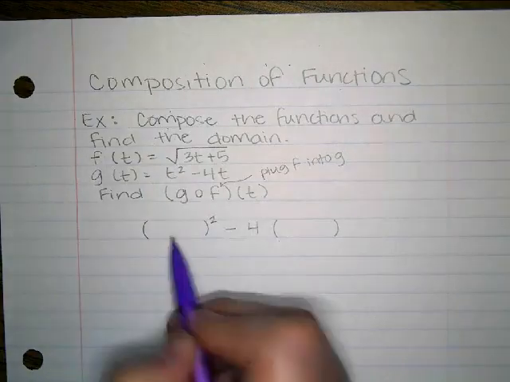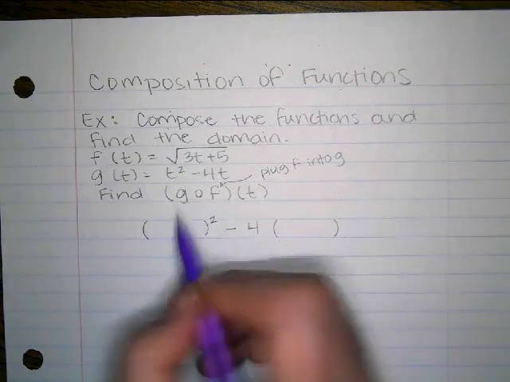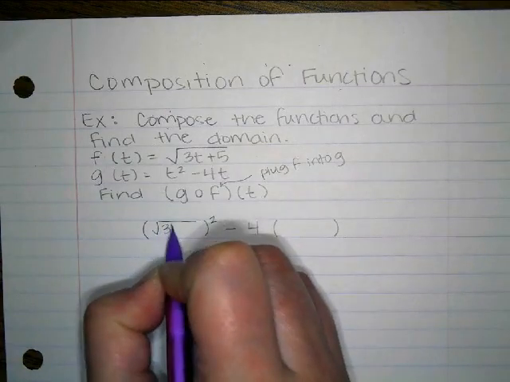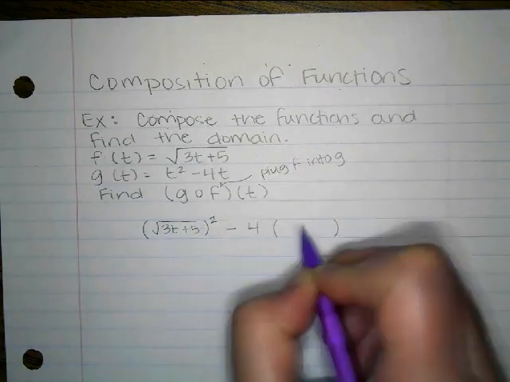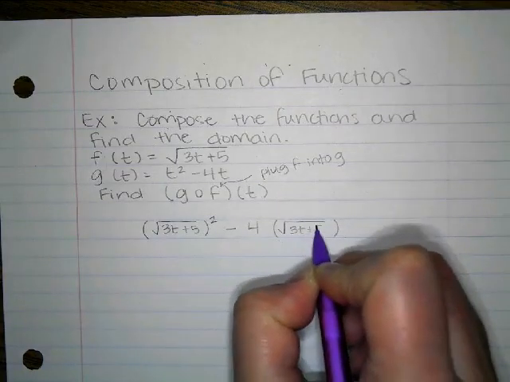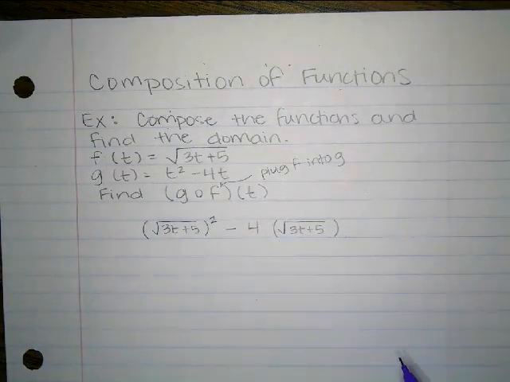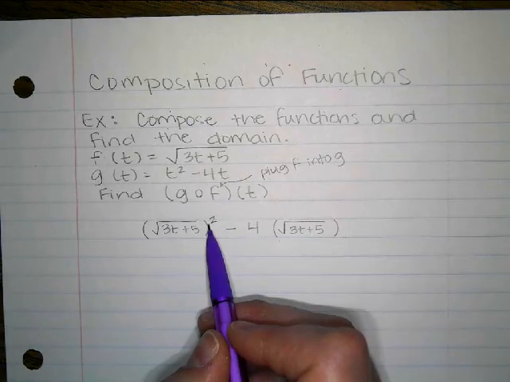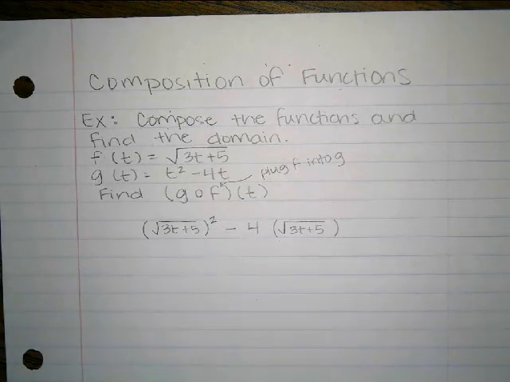Okay. And the thing that I'm plugging into g is going to be the square root of 3t plus 5. And for the first part, what happens? They cancel, right? And what's left over? The 3t plus 5.